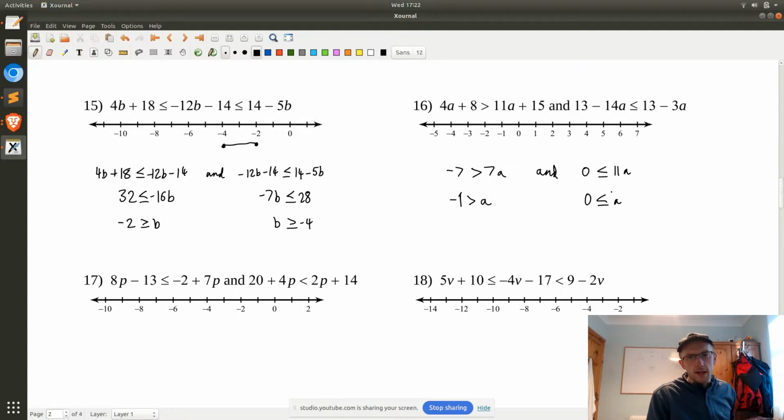Okay, so A is greater than or equal to 0, and at the same time less than negative 1, no solution.